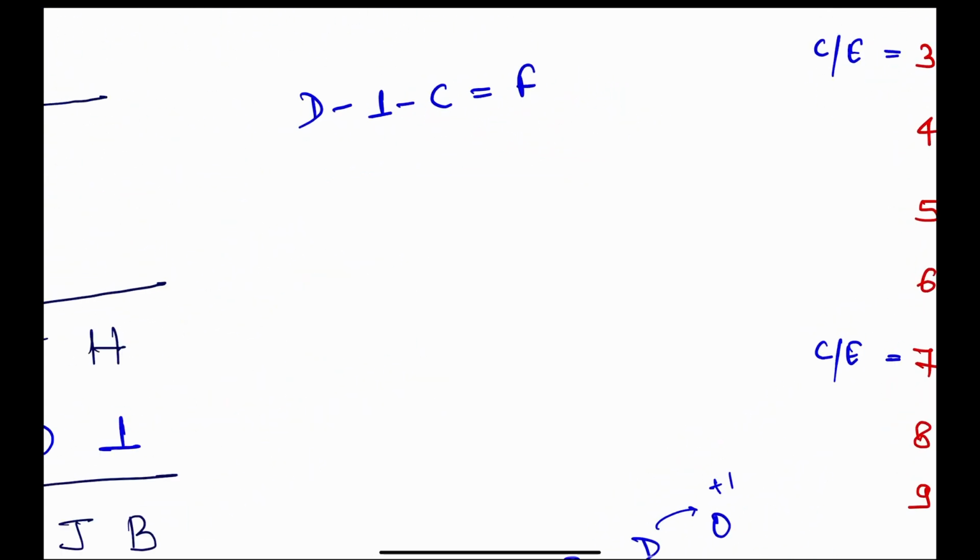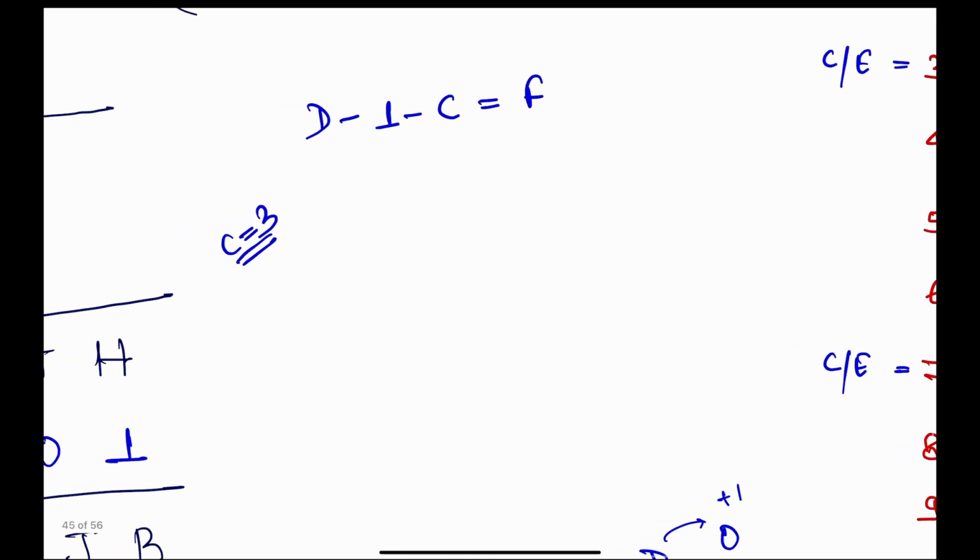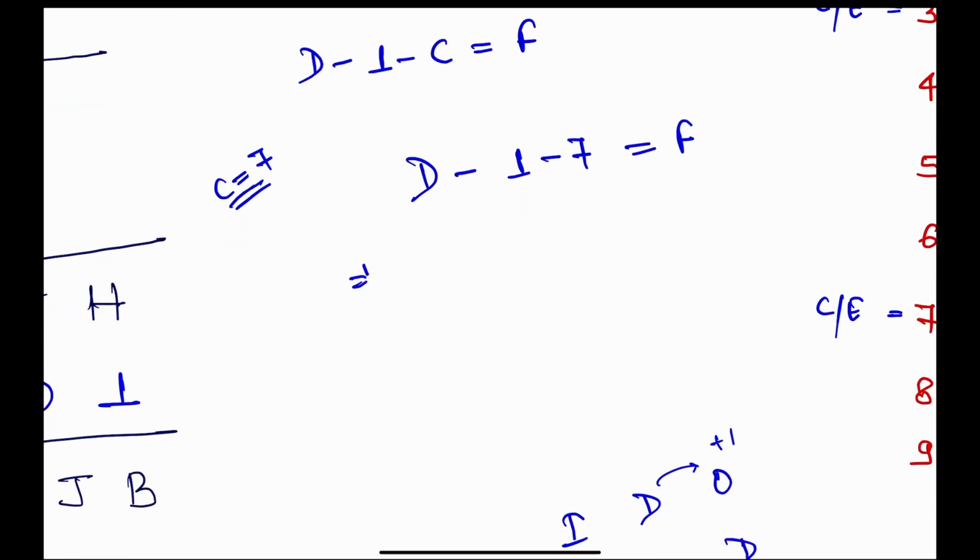So we know that C either can be 3 or C either can be 7, right? Let's just take first condition. Let's take 7, C equal to 7. So D minus 1 minus 7 equal to F, right? So it will be how much? D minus 8 equal to F.